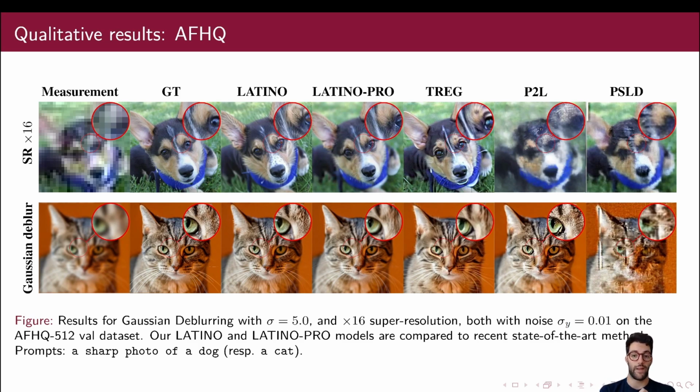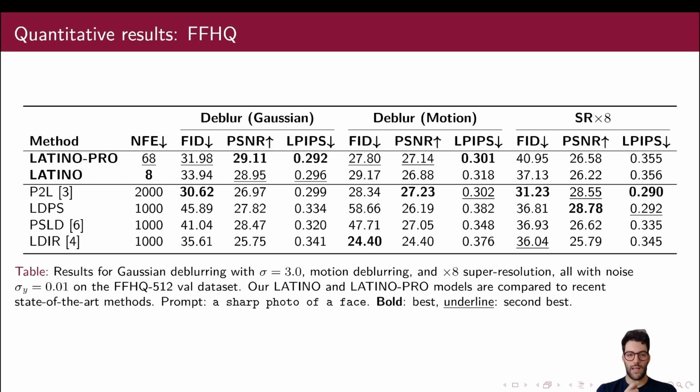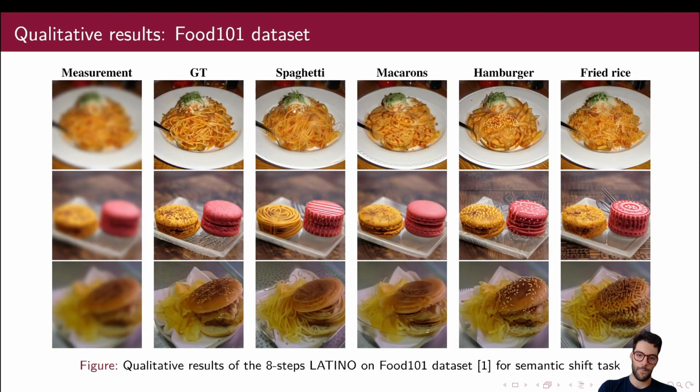In particular, LATINO-PRO helps a lot in avoiding too much hallucination, as we can see in the fur of the dog, for example. We have a similar table for the FFHQ dataset, so the faces dataset. Also here we are comparable, if not better, to the state of the art in a lot of different metrics, and in particular we can see that the number of neural function evaluations is much lower than all the other methods.